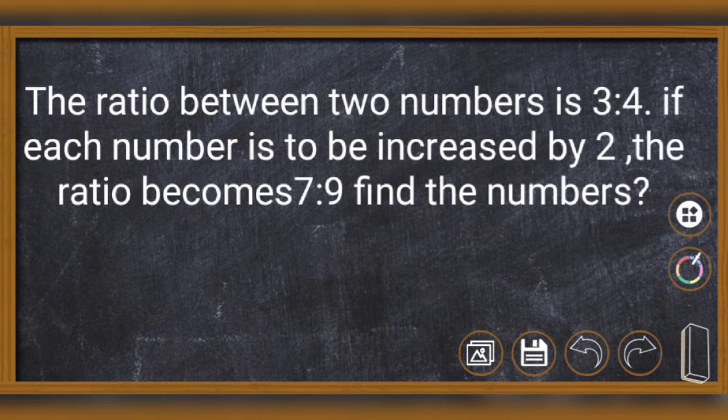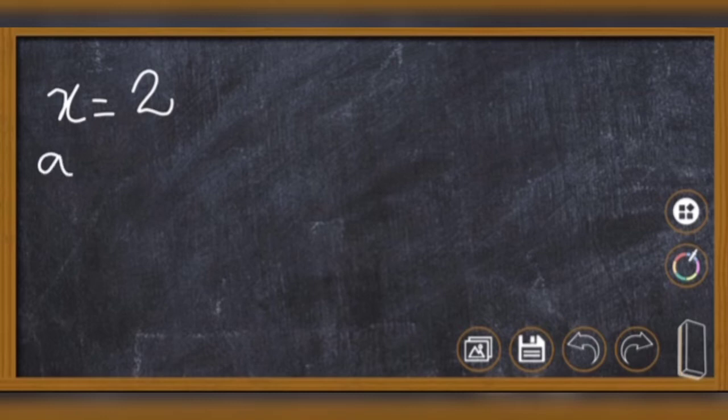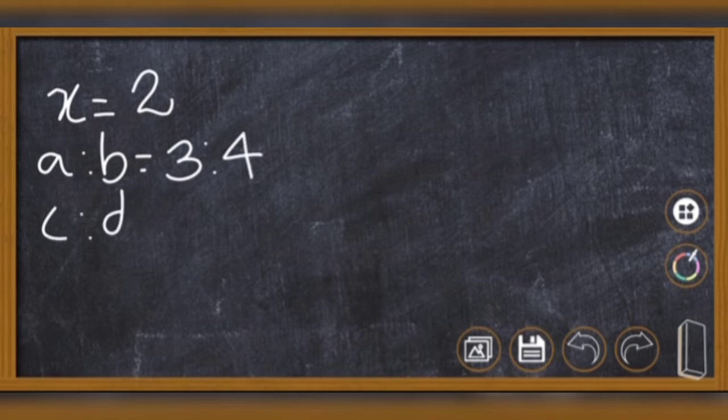Now we shall discuss how to apply this value in the equation. According to the equation, x is given as 2, the ratio a is to b is 3:4, and c is to d is 7:9.